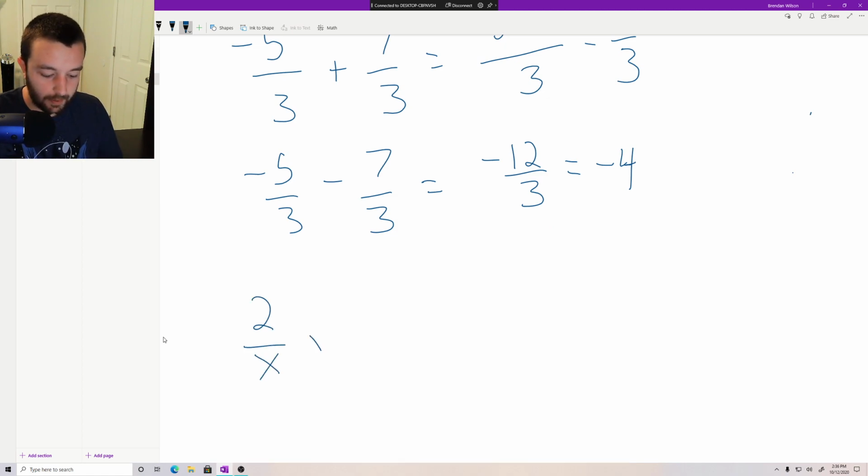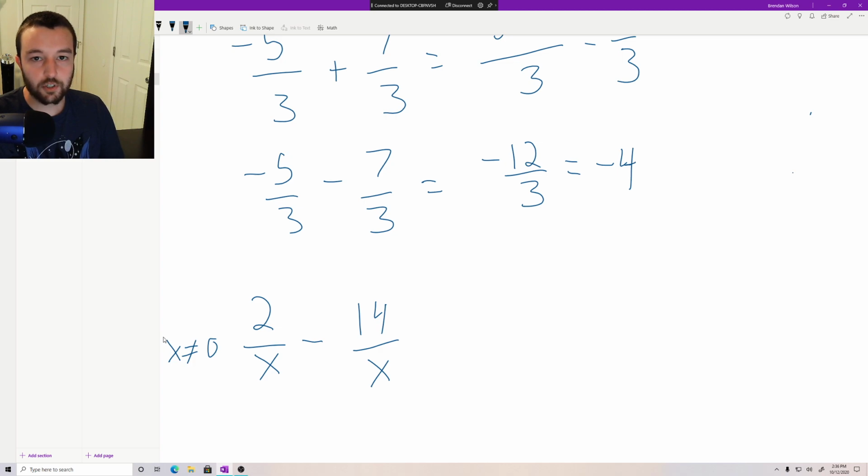What if we have 2 divided by x minus 14 divided by x? Okay. Specify x does not equal 0, just because if x equals 0, this wouldn't make any sense because we can't divide by 0. But x could be any other number and it wouldn't matter.